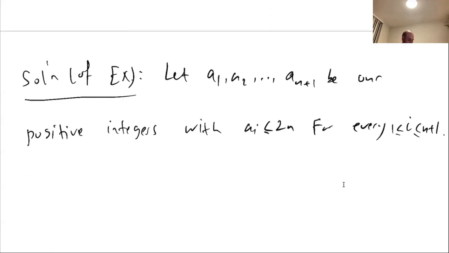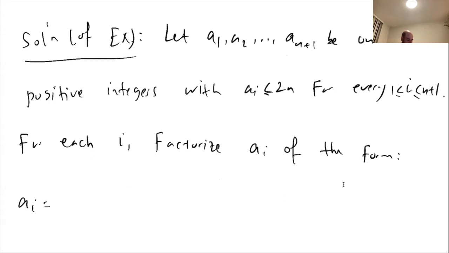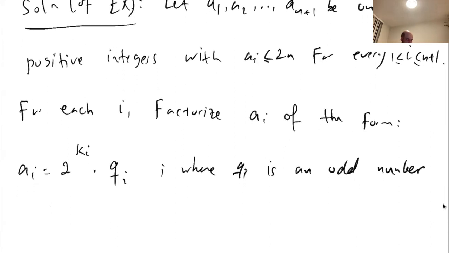Now factorize, so for each i, factorize ai in the form ai equals 2 to the power ki times qi, where qi is an odd number not exceeding 2n.